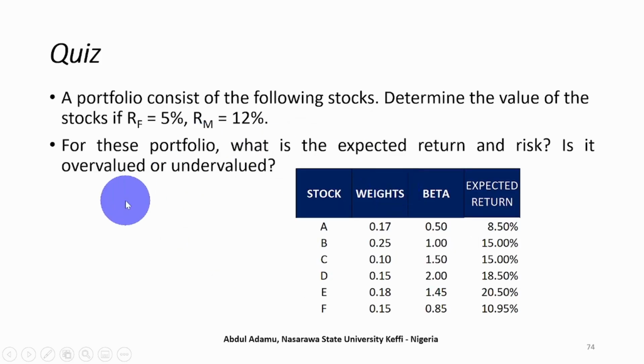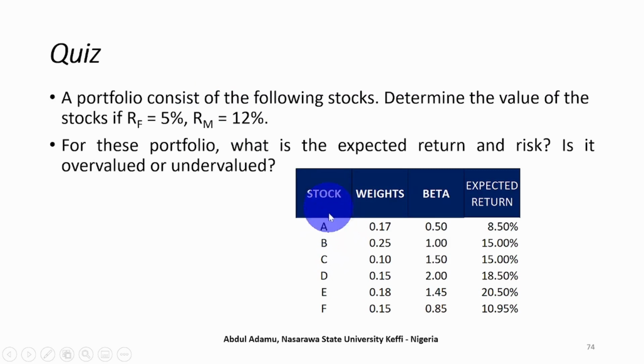So let's take some examples and solve them to conclude the lecture on the security market line. A portfolio consists of the following stocks. Determine the value of the stock if the risk-free rate is this and the market return is 12%.